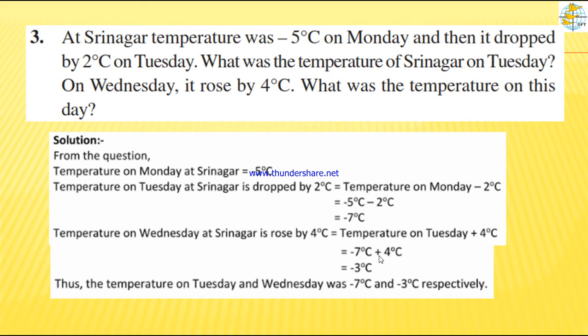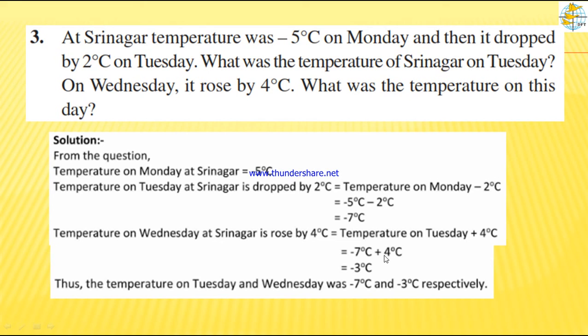On Wednesday, is the temperature dropping or increasing? It is increasing, that is rose. Drops, goes down, decrease means we place minus; here rose, increase, raise, so we place plus. By how much did it rise? 4 degrees Celsius. So minus 7 plus 4.